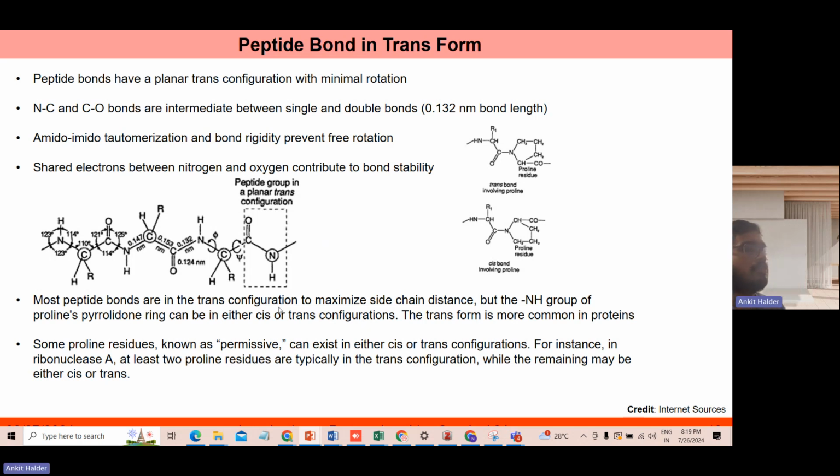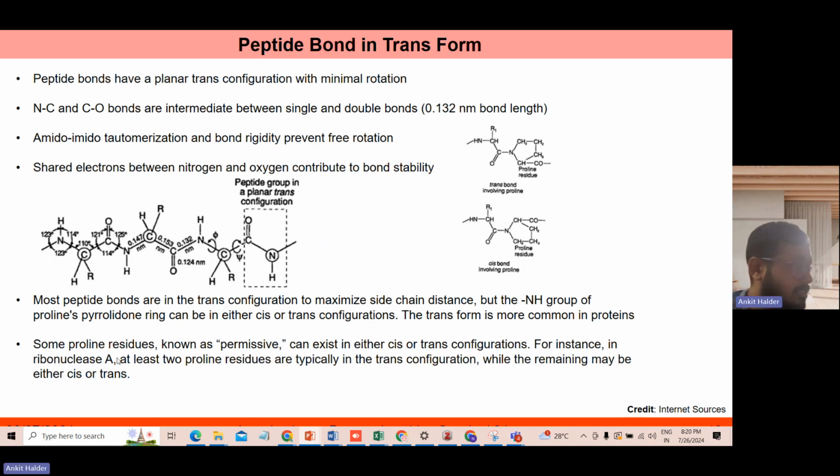They are in trans configuration to maximize the side chain distance, but the NH group of prolines can be either cis or trans. Only the proline ring can be either in cis or trans, but the maximum of peptide bonds are in the trans configuration only. And the trans form is more common in proteins.